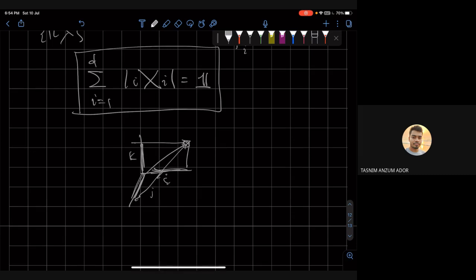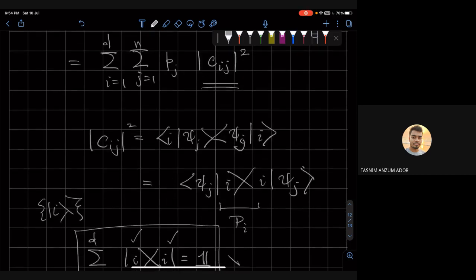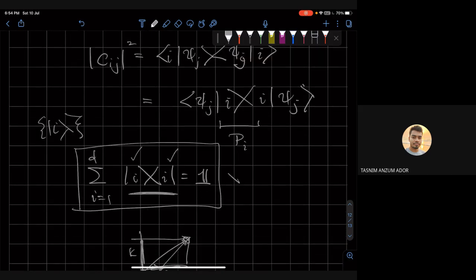That's all that this means. So these guys are projectors. This one projects down, and this is the unit vector. Anyway, if you are unfamiliar with this, we can discuss it later, but for now, let's assume this is true.